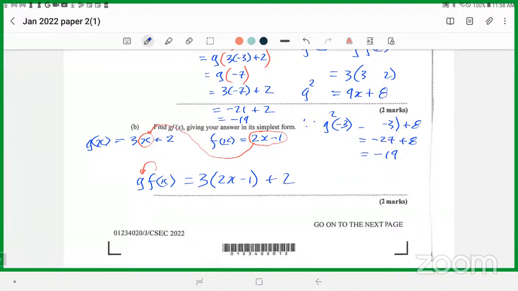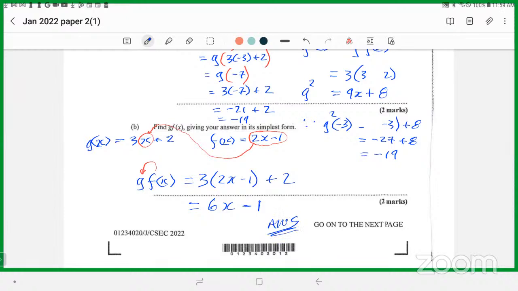I can work this out and get a final value, because I say simplify in simplest form. So 3 times 2x is 6x. 3 times minus 1 is negative 3. Negative 3 plus 2 is negative 1. So it's 6x minus 1. This is my answer right there.